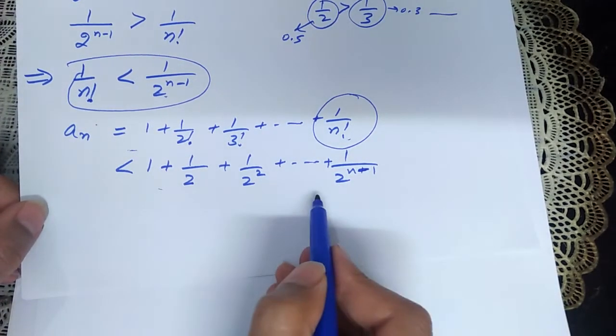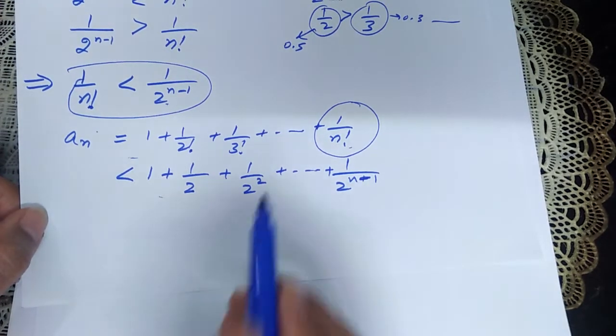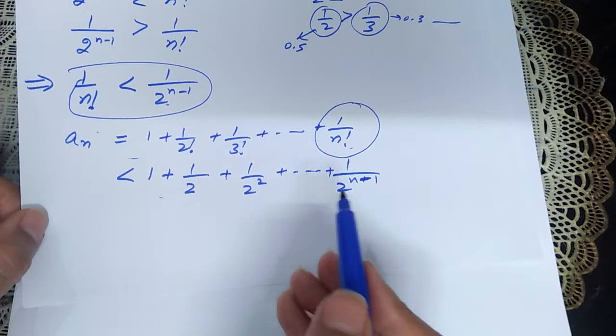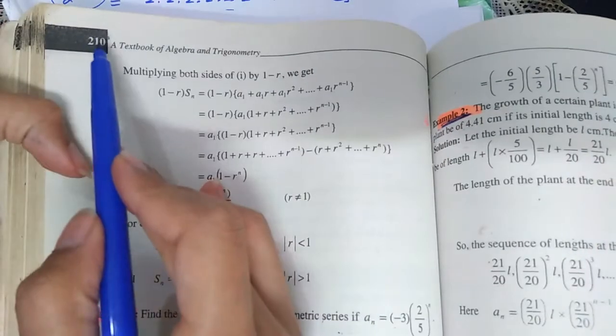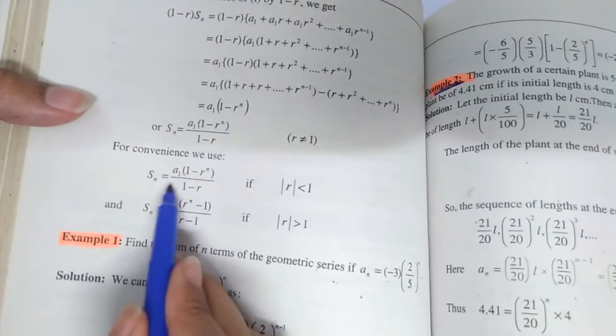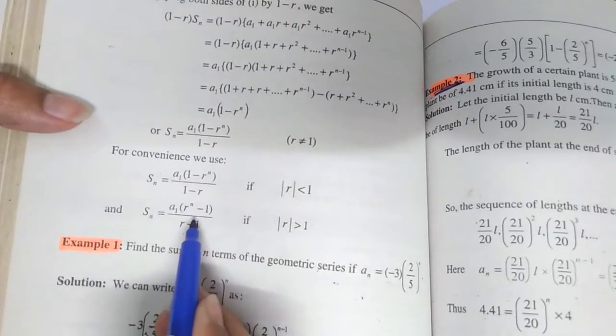This is the geometric series, and in the first year mathematics book that I have with me, on page number 210, you are given the sum of the geometric series formula. There are two formulas.